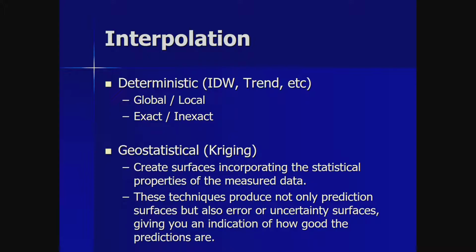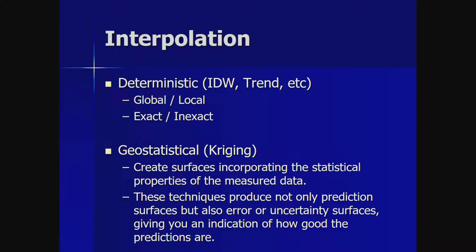So we're going to talk about two different types of interpolation. First, what's often referred to as deterministic interpolation, a term we've used before. Basically, there's a mathematical formula that gives a single answer for a single set of points.